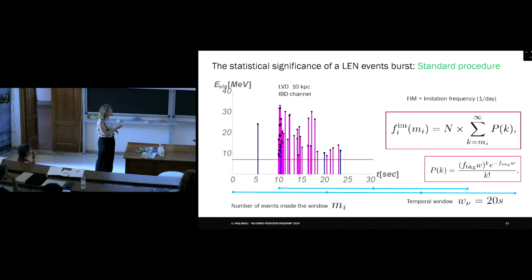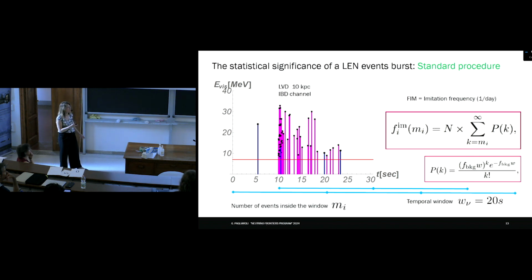So the multiplicity, if you want, of this cluster, that is called m_e. And then you compare this multiplicity with the expectation due to Poissonian fluctuation of your background. And then you assume that this is a signal or a background depending on whether it is compatible with Poissonian fluctuation of the background. And this is the usual way.